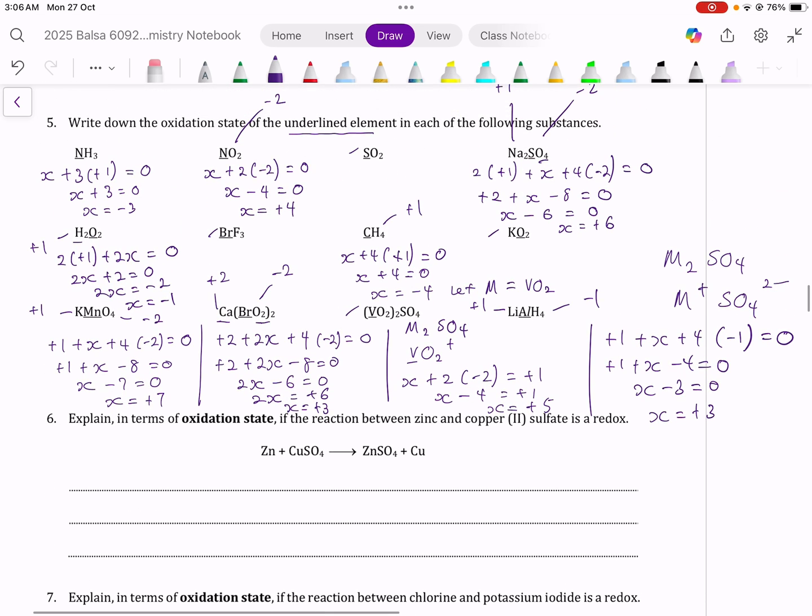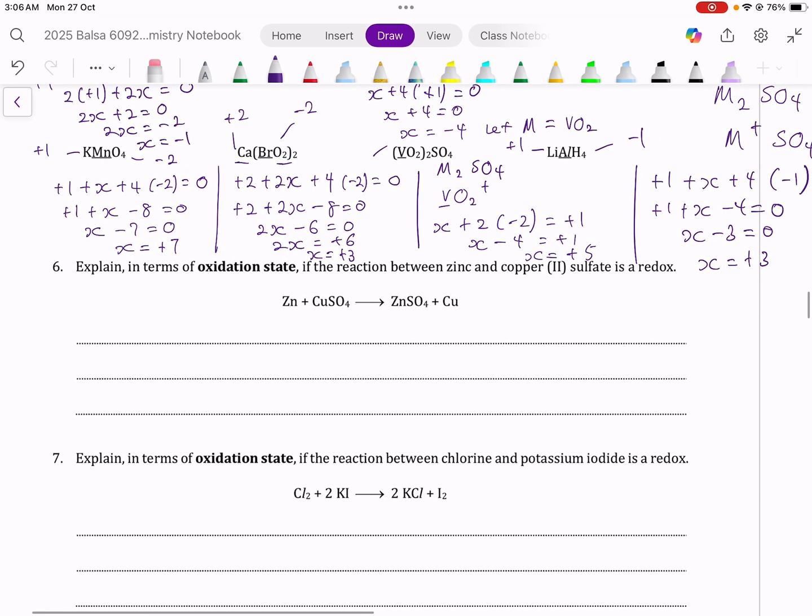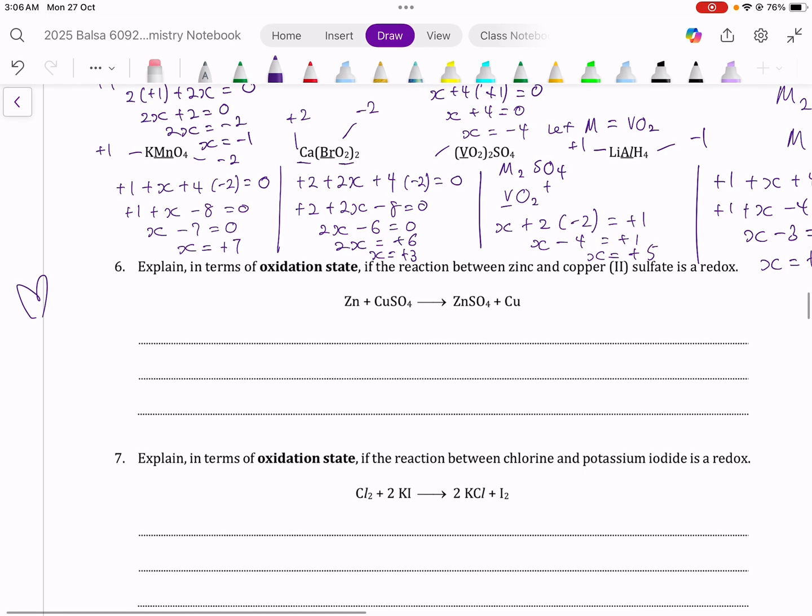So the rest I'll leave you to work it out. The rest is quite easy. Now I'm going to show you how you actually do this oxidation state explanation. Very, very important now. Maybe put three stars for hard, very important. Because probably like 90% of the time they're asking you to explain redox in terms of this definition.